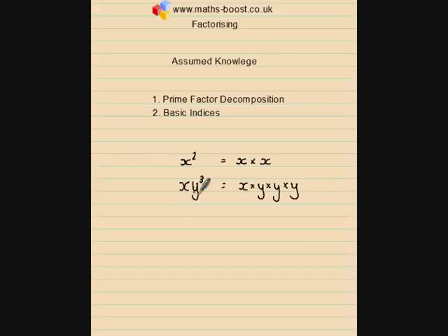So you do need to be proficient with what an index actually means, and if you're not sure about that, you'll need to go away and revise that, and hopefully I'll have another video shortly.